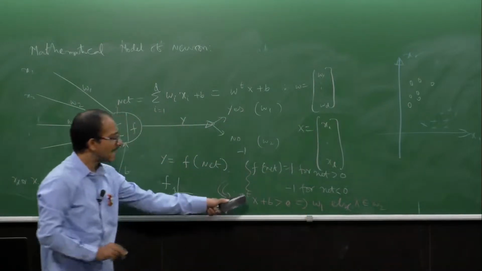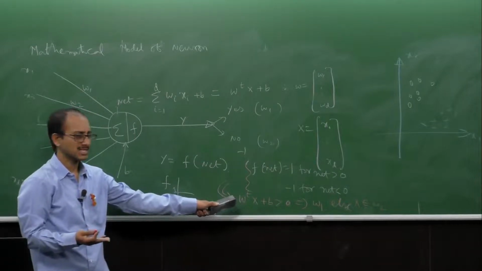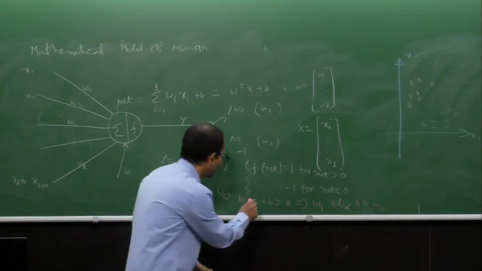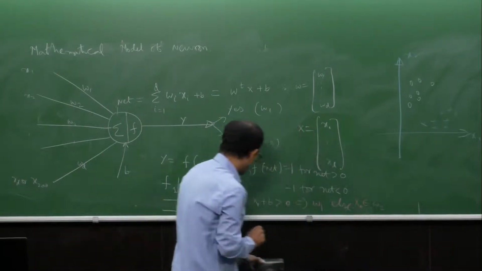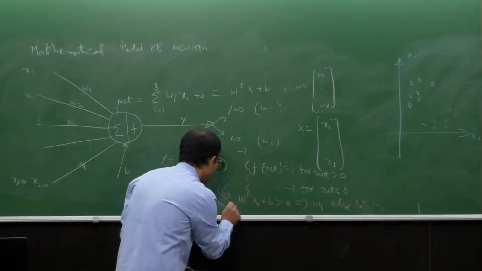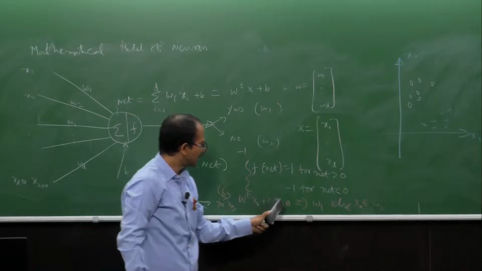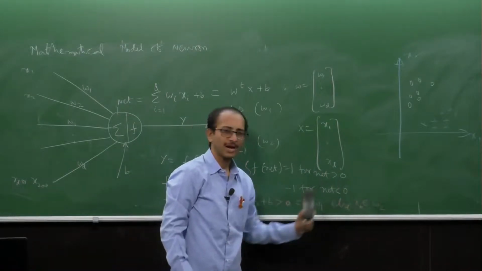For a particular sample x, I have the features x1, x2 for it. Take a particular sample xk. If W transpose xk plus b is greater than 0, it belongs to the omega 1 class, and if it is less than 0, it is the omega 2 class.